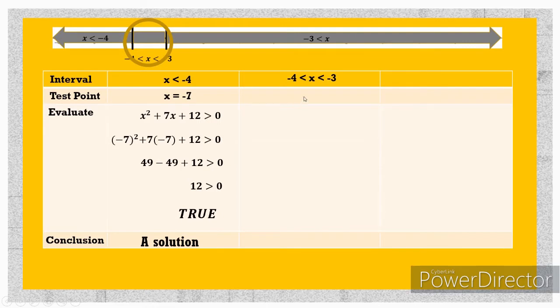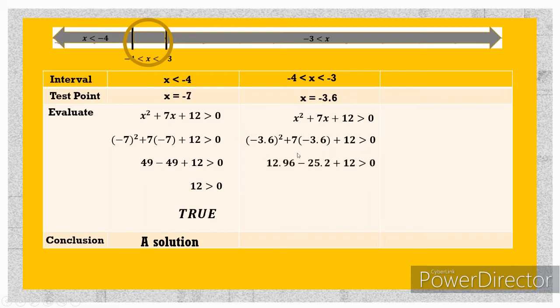Again, kahit alin. So this time, pili lang tayo ng isa and let's have negative 3.6. Okay, so x is negative 3.6. Then, substitute lang natin yung negative 3.6 sa ating quadratic inequality. So, we have negative 3.6 squared plus 7 times negative 3.6 plus 12 is greater than 0. So, we have 12.96 minus 25.2 plus 12 is greater than 0.